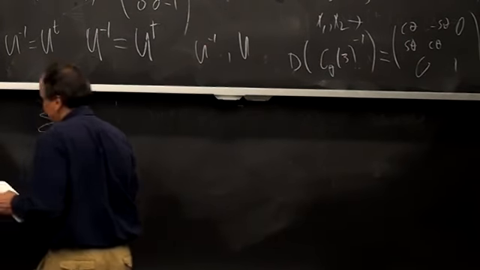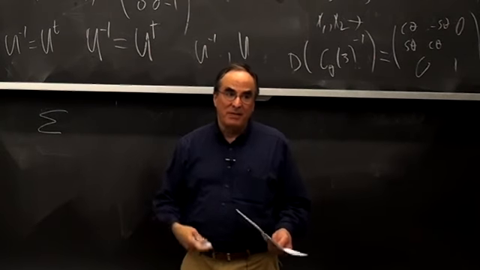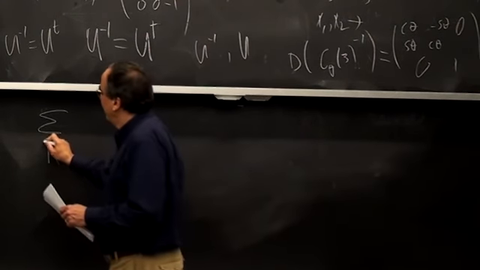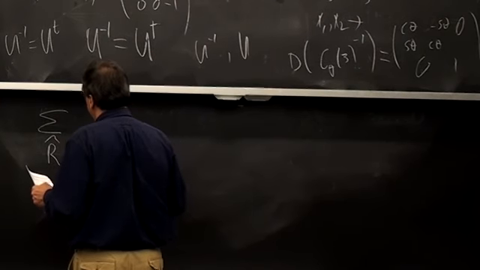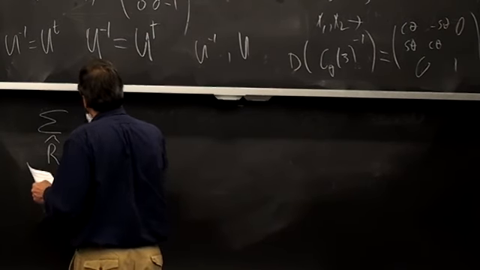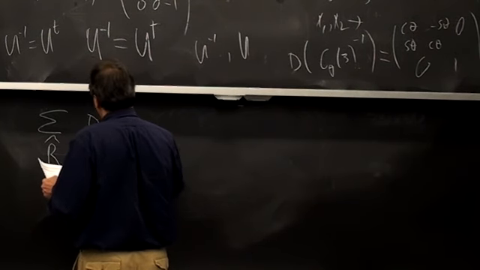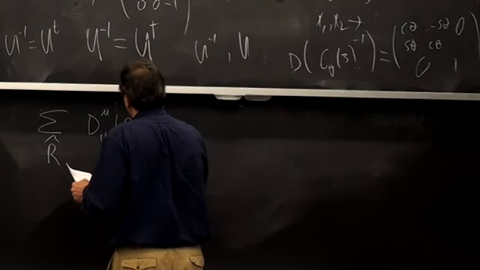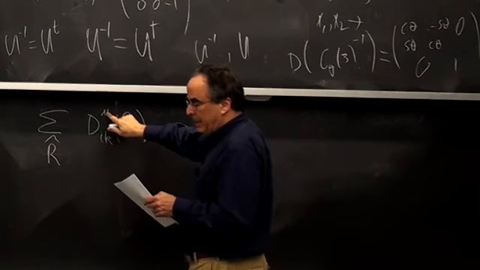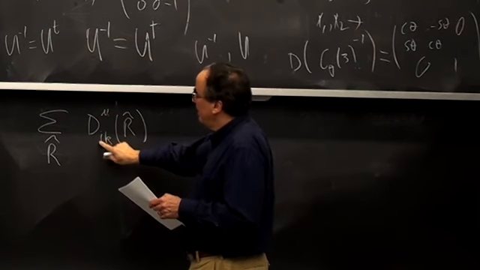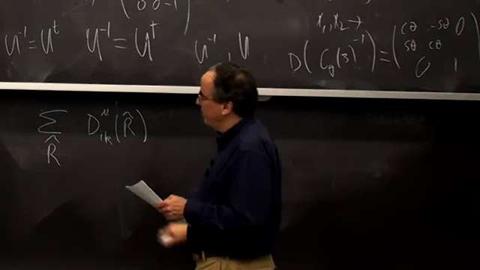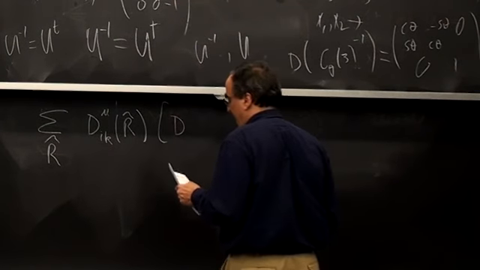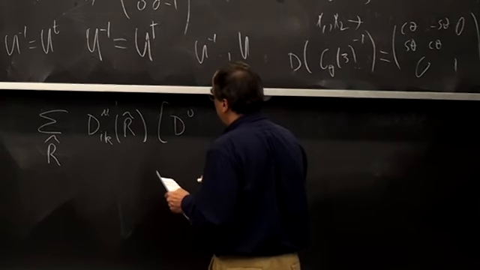So the great orthogonality theorem, from which all of these group theoretical results can be derived, and which can be proven, but in a fairly tedious way. So this is the sum over symmetry operations. And so this is a particular irreducible representation. These are the I and K row and column of that matrix. And then we have another irreducible representation.